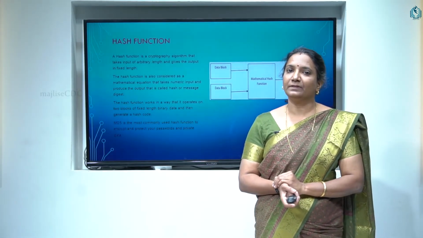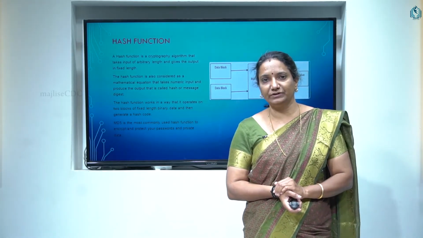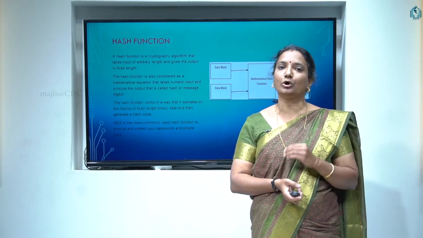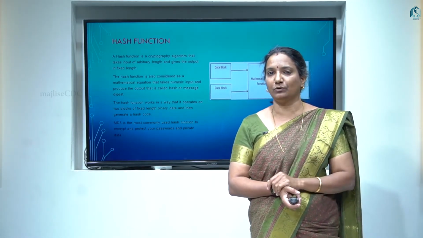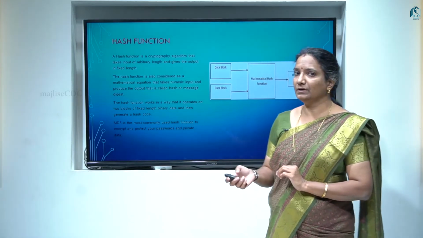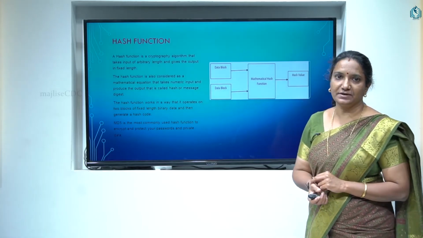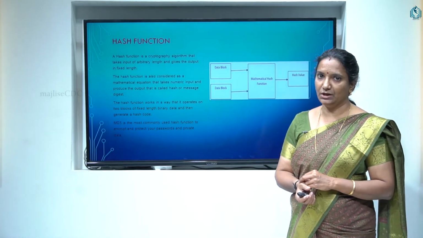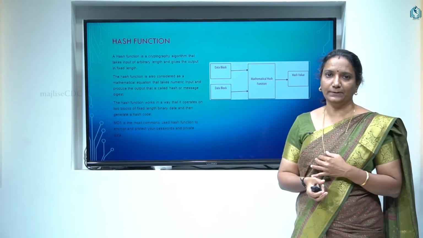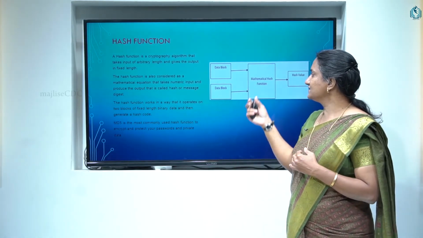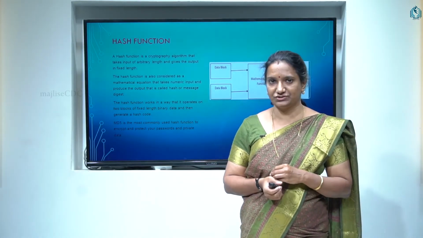Next type, hash function. A hash function is a cryptographic algorithm which takes an arbitrary length input and produces a fixed length output. Here, the hash function is considered a mathematical equation that takes a numeric input and produces a value called a hash or message digest.